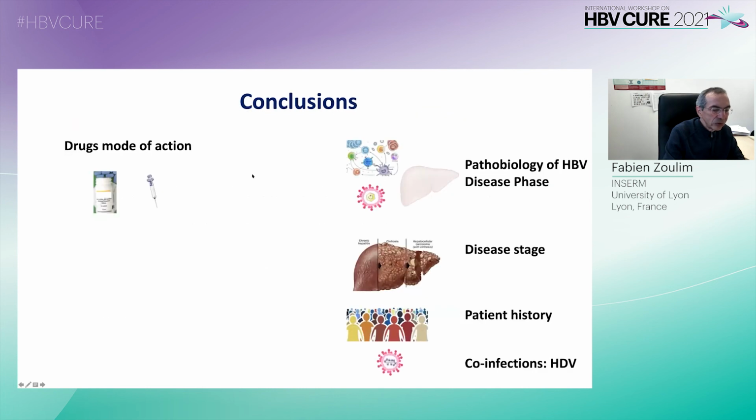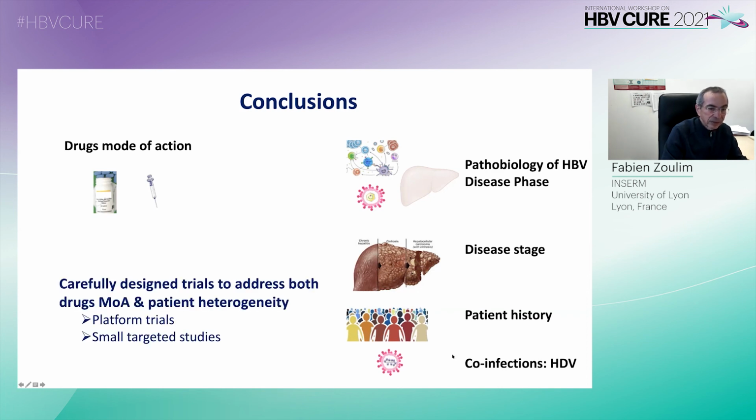So to conclude, we now have more and more drugs entering phase 2 clinical trials with different modes of action. We need to be really careful in choosing the patient population regarding the disease phase, disease stage, patient's history, and for some modes of action, co-infection with the Delta virus.